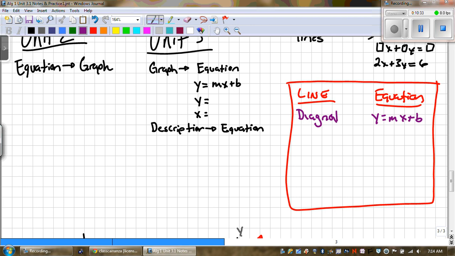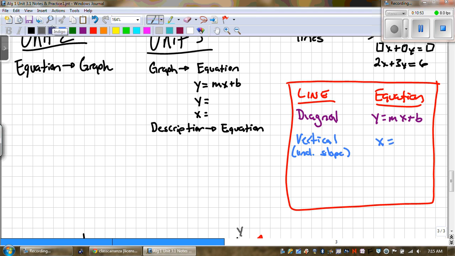Every single time. Okay, if we have a vertical line, okay, vertical lines have undefined slope, it's going to be x equals a number, okay?